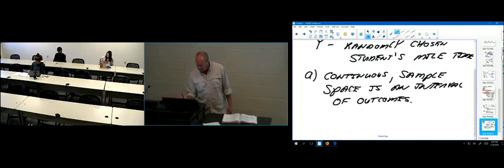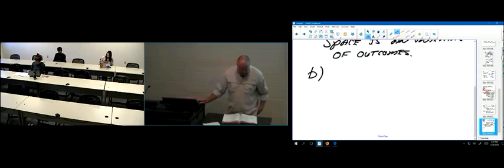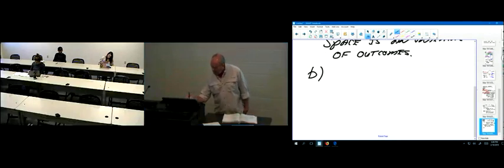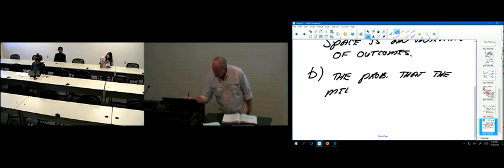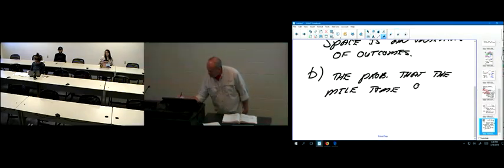Part B says, say in words what the meaning of the probability that the runtime is greater than or equal to 8 minutes is. Folks, I just said it in words: the probability that the mile time is 8 minutes or longer.